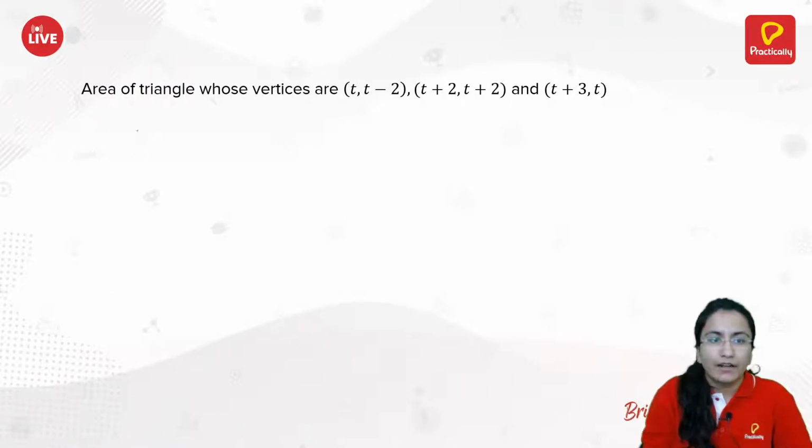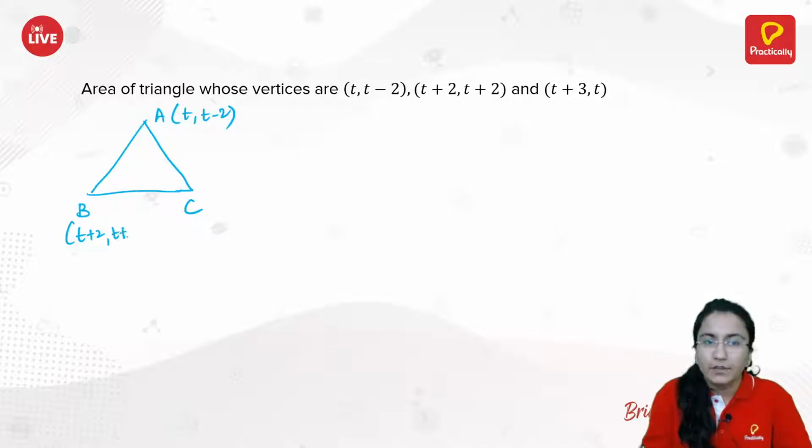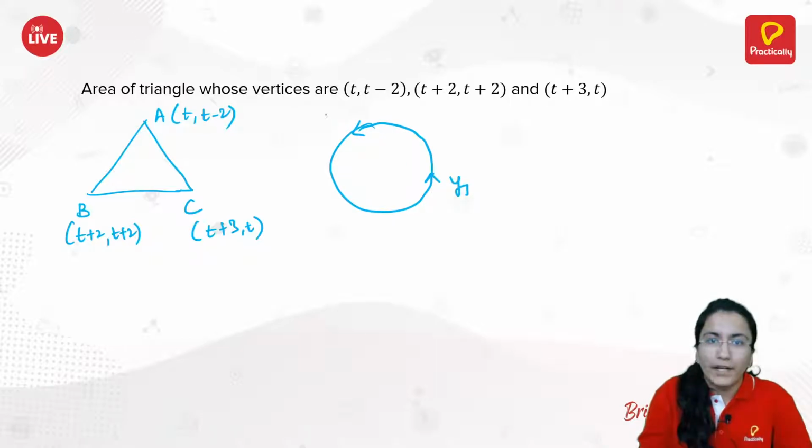We have a triangle A, B, C. Here this is (T, T minus 2), this is (T plus 2, T plus 2), this is (T plus 3, T), and even form the loop y1, y2, y3. Why have we formed a loop?